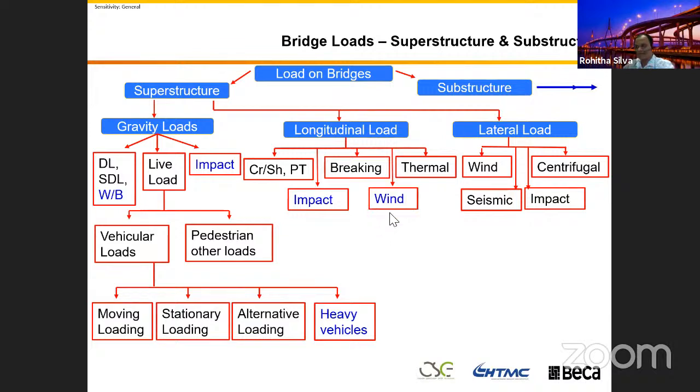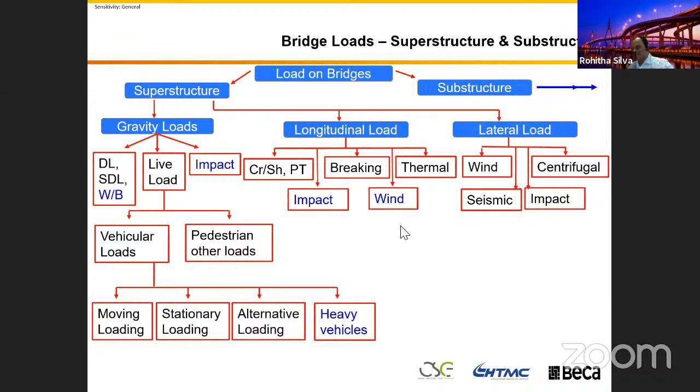The wind can create a longitudinal load, especially if you are building long span bridges with cables, suspension bridges, cable-stayed bridges, and that sort of bridge. If you build slender bridges across valleys, the wind can create a longitudinal load.